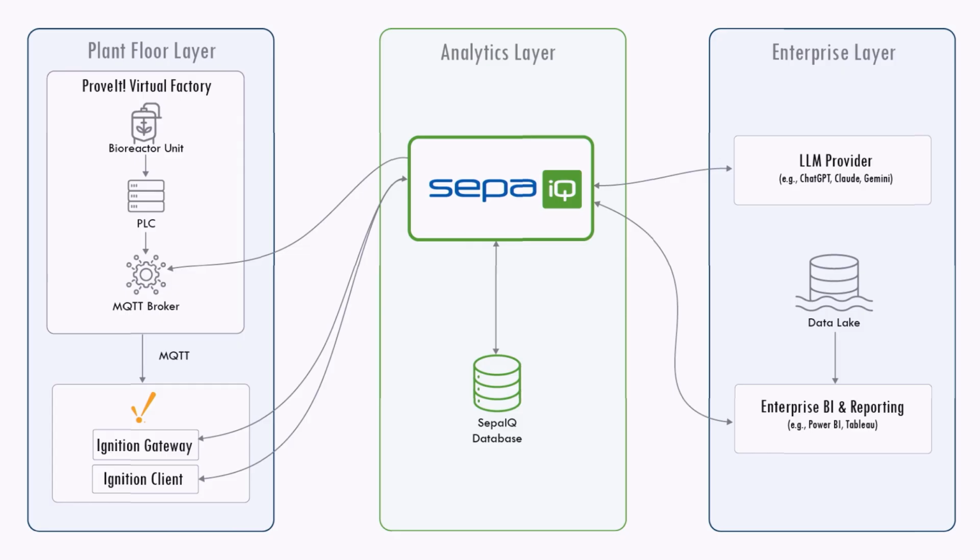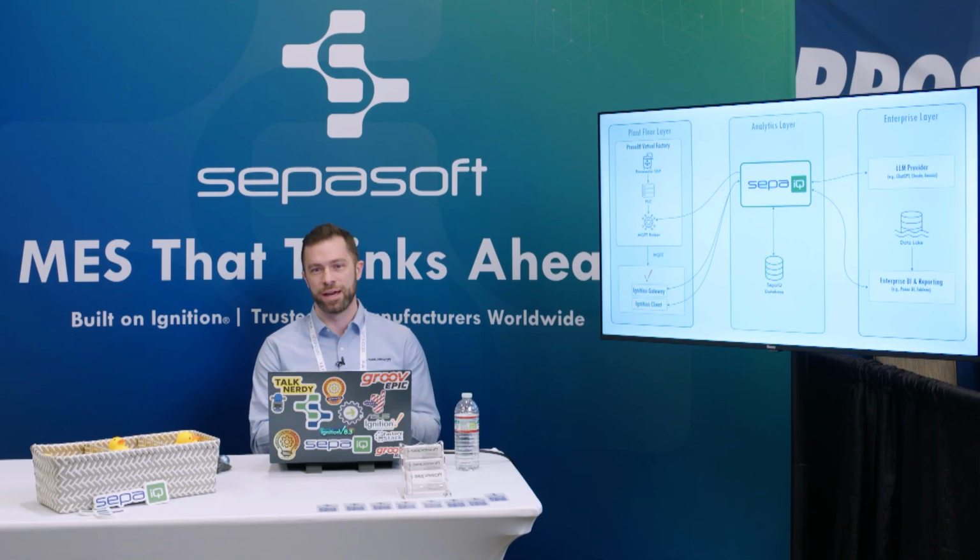When you're brewing beer, typically you want to keep the liquids and throw away the solids. In the case of bioreactors, you keep the solids and throw away the liquids. They're exposing the data over MQTT. They have a couple of historians, OPC, and we're going to consume that data, push it into our analytics engine of SepaIQ, and push that back up into a separate enterprise data lake, where we're going to do some reporting.